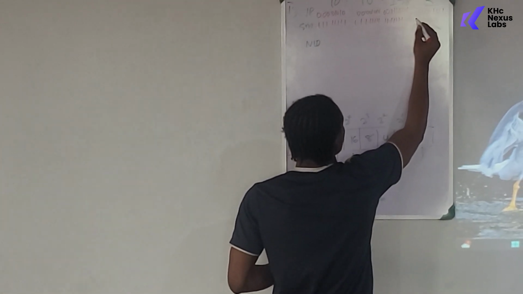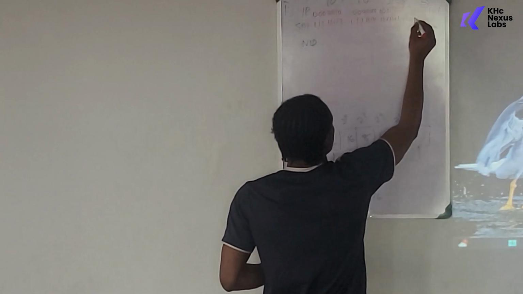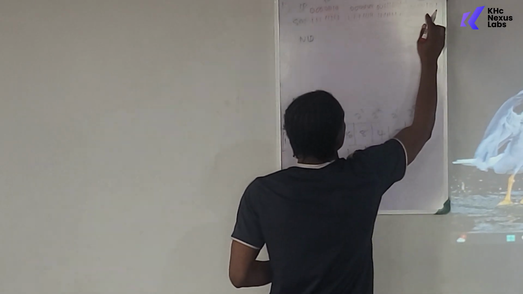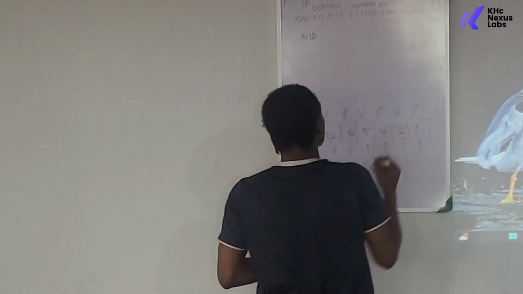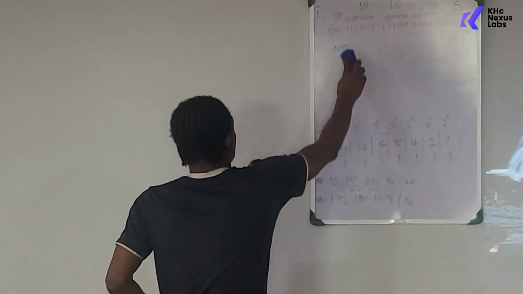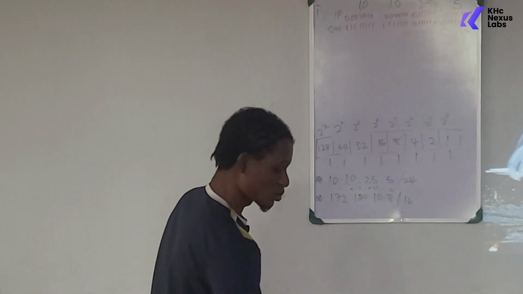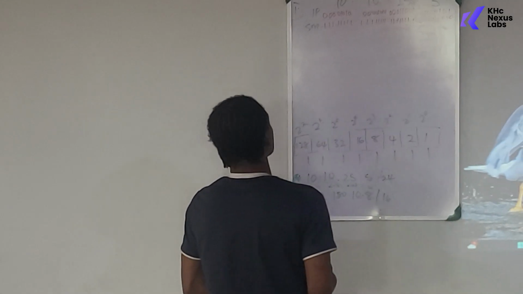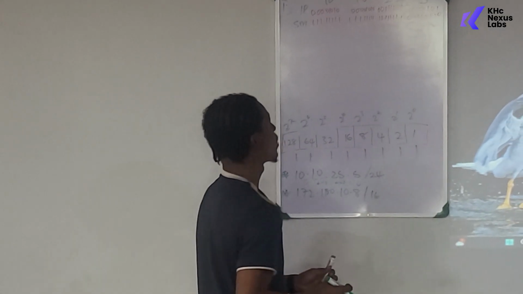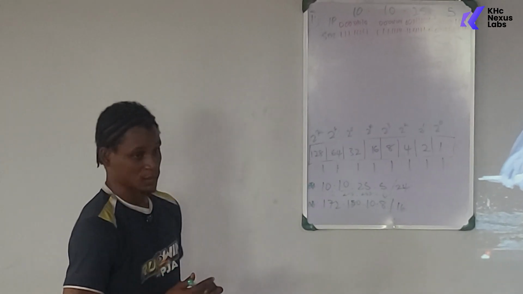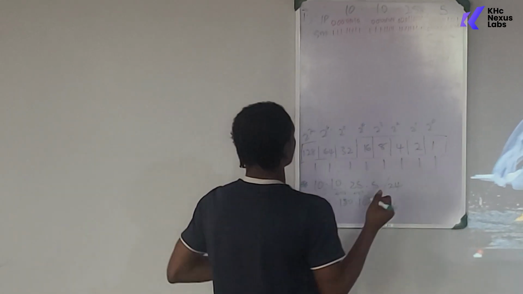So what would this one be? 0, all true, right? Now we want to get our network ID. So remember, we are using the AND gate, right?